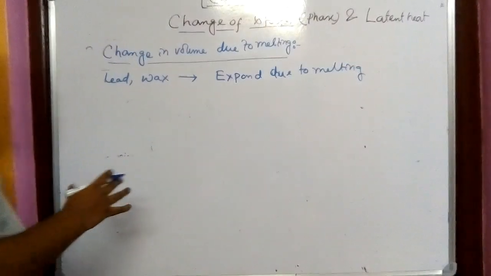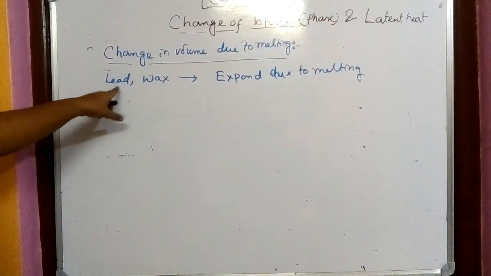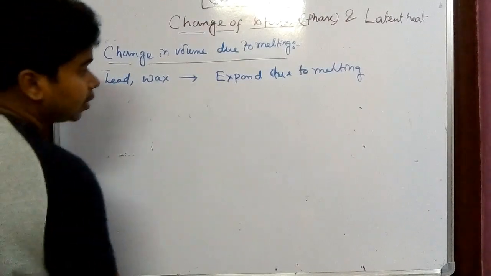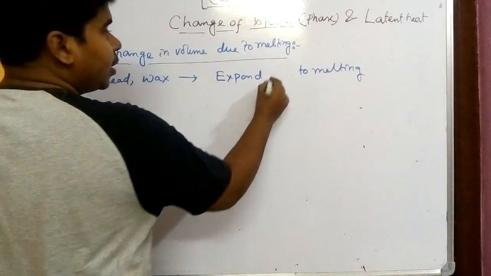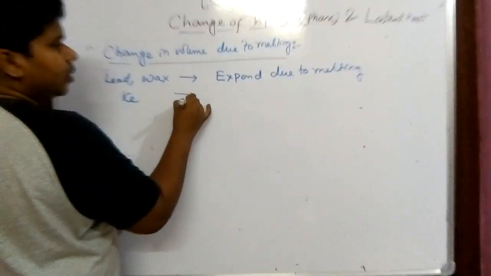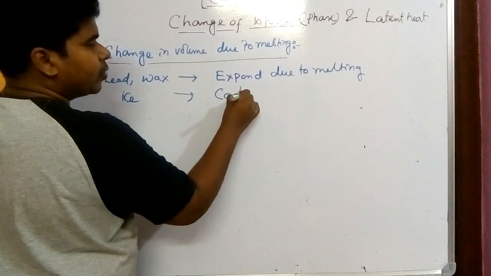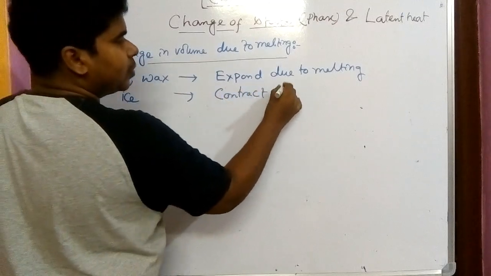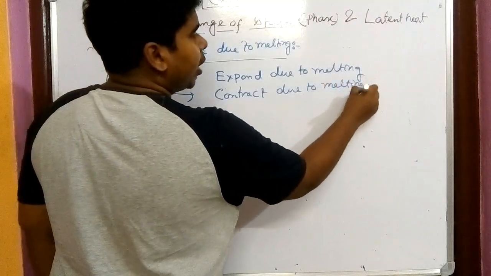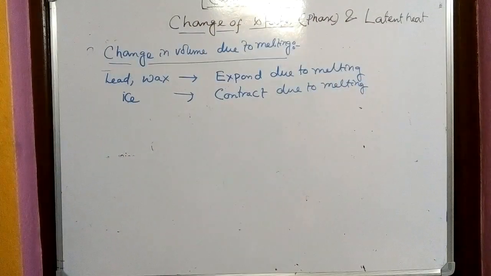Means if you melt these substances, lead or wax, they expand due to melting. And some kinds of solids, like ice, contract due to melting. So we have seen the two types of things. For some solids the volume expands, and for some solids the volume contracts.